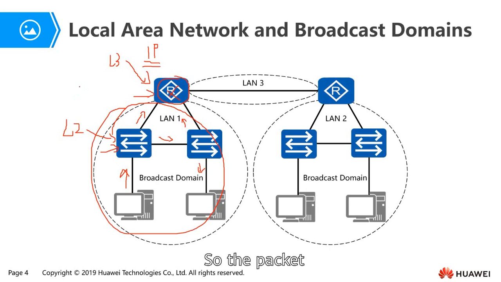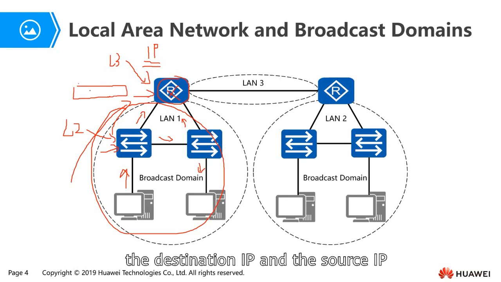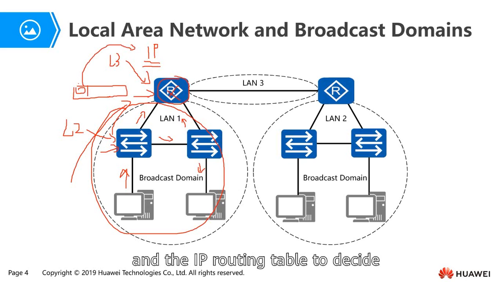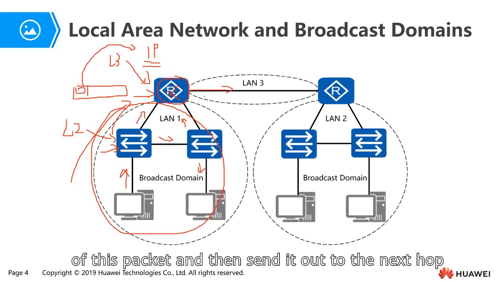Then, the IP routing table is layer 3. So the packet sent by the PCs or devices contains the destination IP and the source IP. The router uses the destination IP and the IP routing table to decide the next hop of this packet, and then sends it out to the next hop.